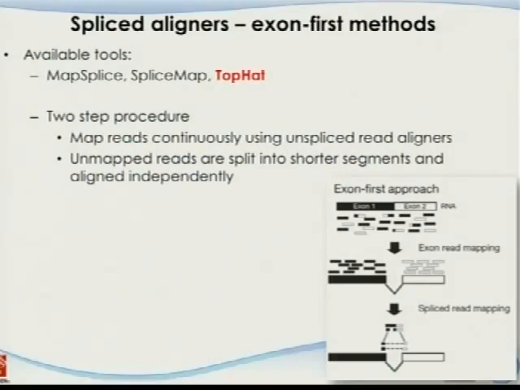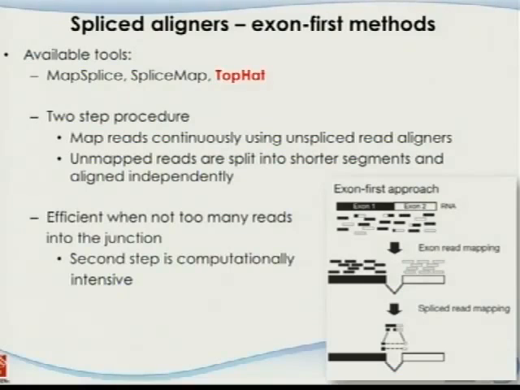And this is a two-step procedure. The first one is to map reads continuously using unspliced read aligners against the genome. And the second one is that the unmapped reads are split into short segments and then aligned independently and joined together. Okay?